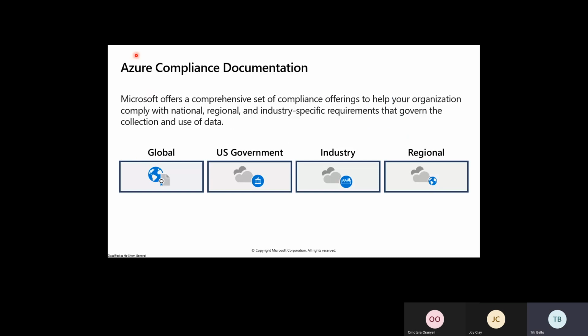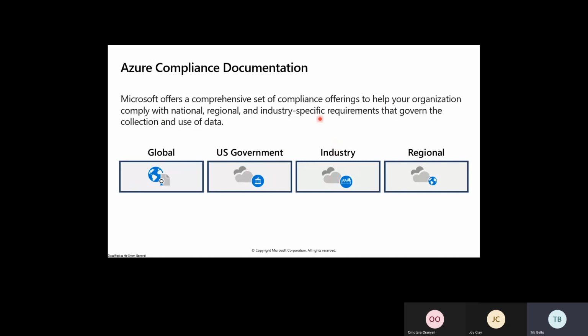We've talked about compliance a lot. So on the compliance website, there is the global section that covers every other organization outside of the United States government or even China. There is a segment covering just the United States government, and there's the industry focus, whether it's health, construction, or financial.